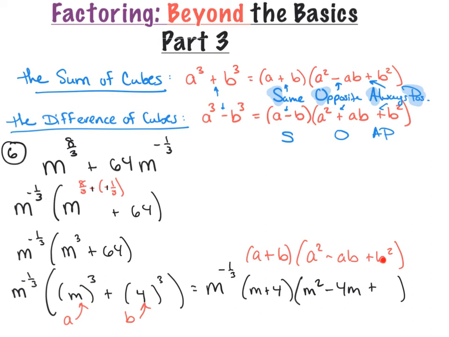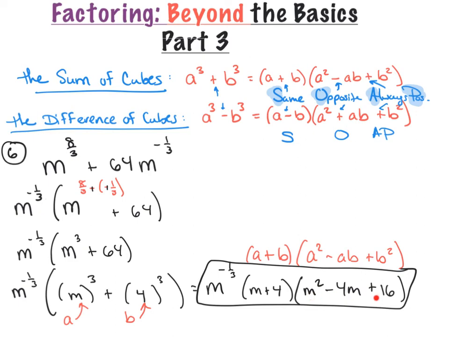And finally, b squared is 4 squared, 16. So our answer is m to the negative 1/3 times the quantity m plus 4 times the quantity m squared minus 4m plus 16.